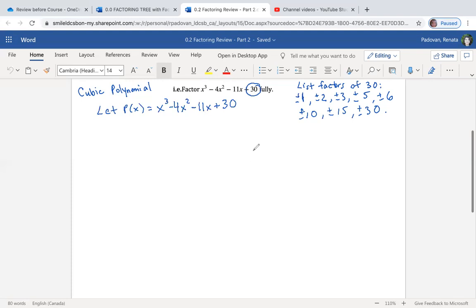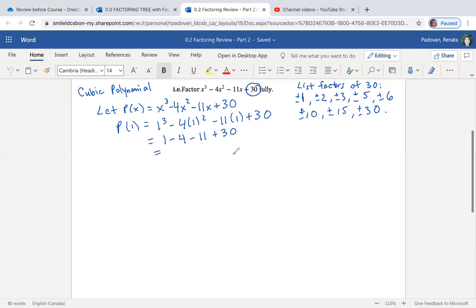And if we don't get 0 as an answer, then it's not a factor, and that's not helping us to factor the question. So for example, if we start at p of 1, I'm going to have 1 cubed minus 4 times 1 squared minus 11 times 1 plus 30. You're just subbing in 1 for x. So that would be 1 minus 4 minus 11 plus 30.